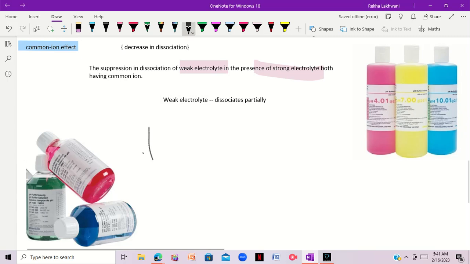You have a weak electrolyte, right? And a strong electrolyte. Okay, I have written here the word electrolyte.